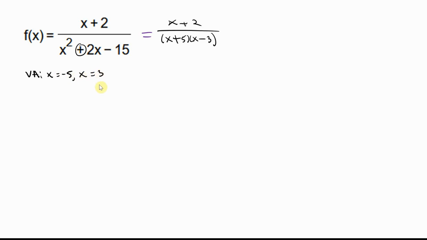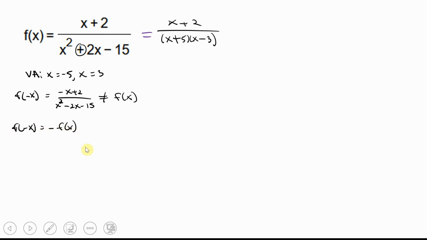Okay. Now, when you find f of -x, this gives us -x plus 2 over x squared minus 2x minus 15. This does not equal f of x, and neither does f of -x equal negative f of x.